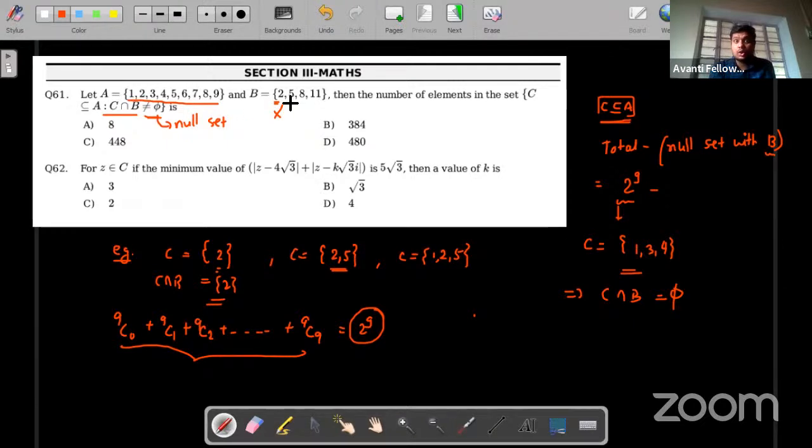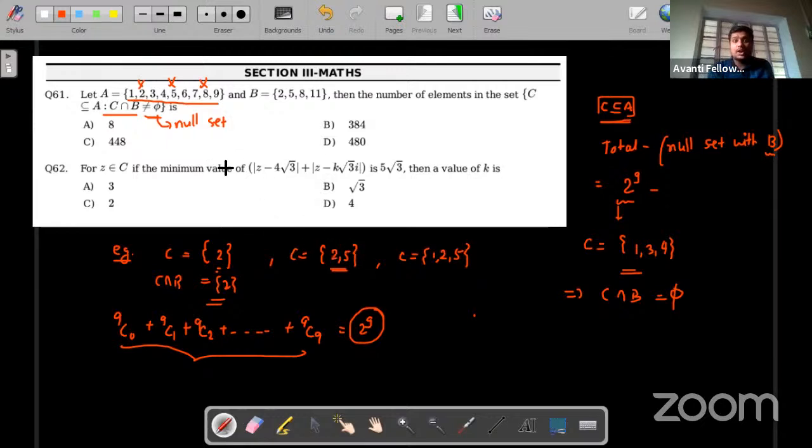I should also reject 5, as well as reject 8. I cannot reject 11, because 11 is not in set A, so there won't be any problem.